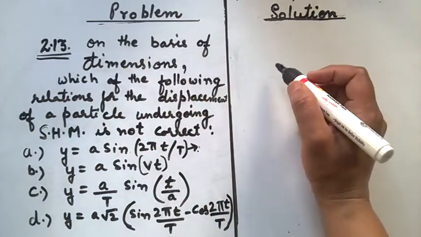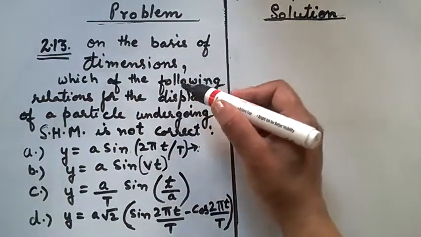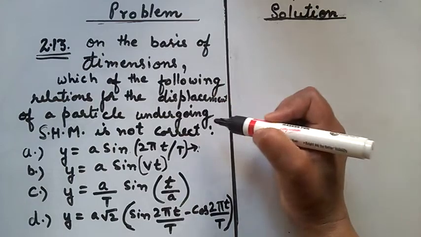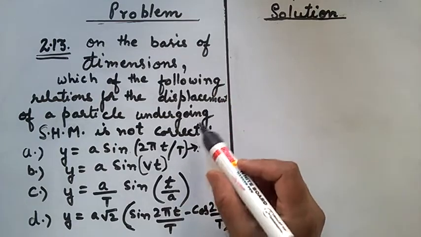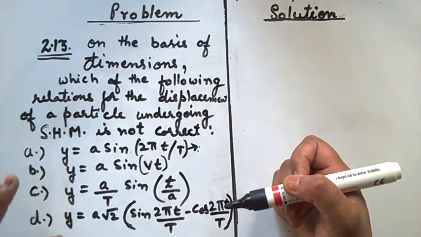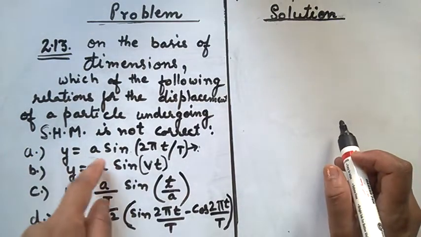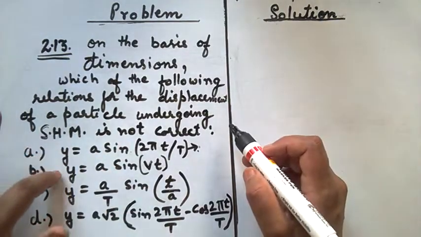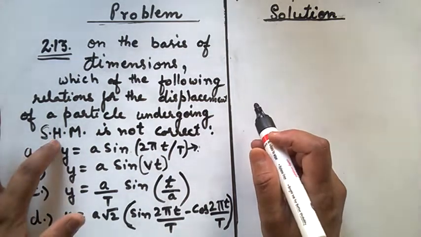Next problem is 2.13. On the basis of dimensions, which of the following relations for the displacement of a particle undergoing SHM is not correct? So here SHM equations are given to us and we have to find which equation is not following the SHM equation.